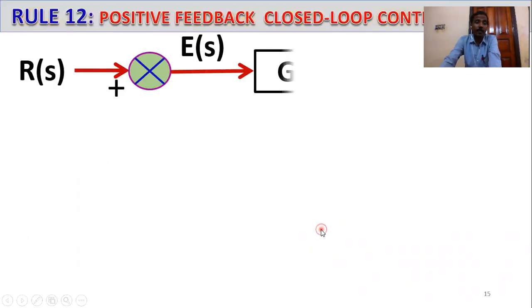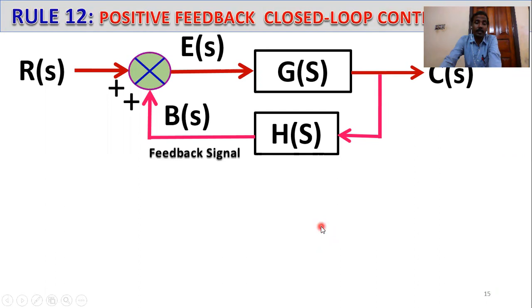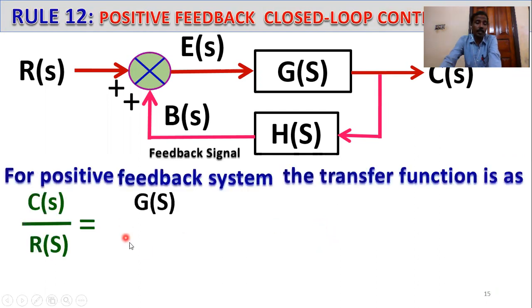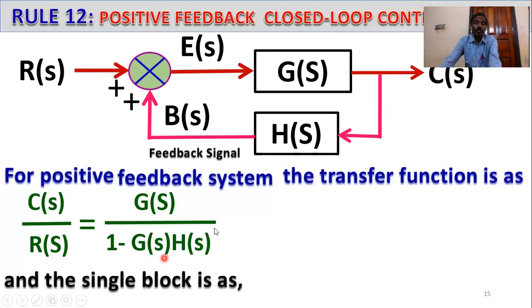In the positive feedback system, similarly, same block, what is the output? C(S) by R(S) equals G(S) by 1 minus G(S) H(S), because in this case this is the positive feedback, so the denominator sign is negative.